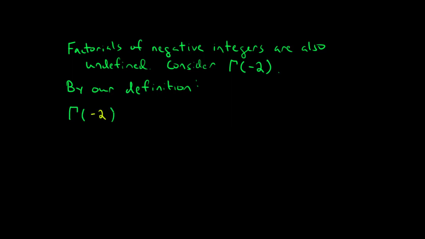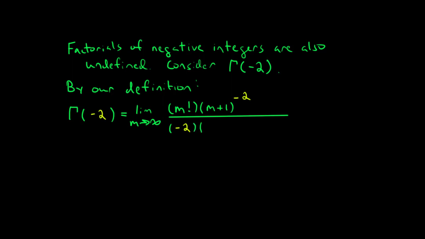this is our infinite product definition, gamma of -2 would be the limit as m approaches infinity of m factorial times m plus 1 to the -2 all over -2 times -2 plus 1, which I'm writing here, times -2 plus 2, I hope you guys are seeing the problem here, times -2 plus m.